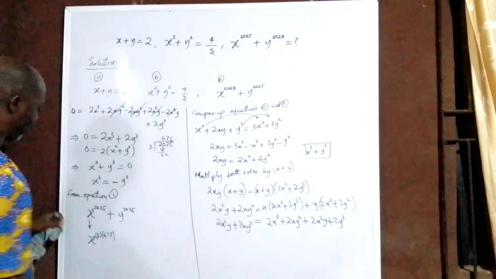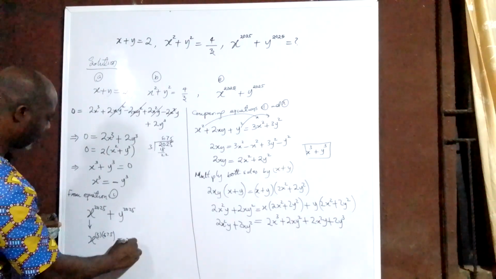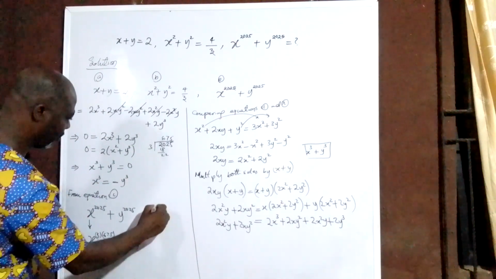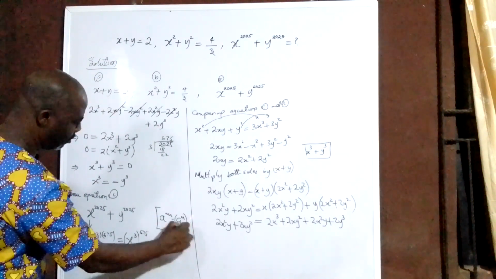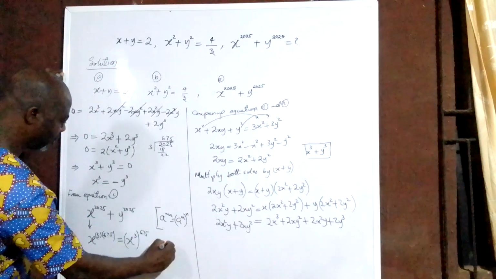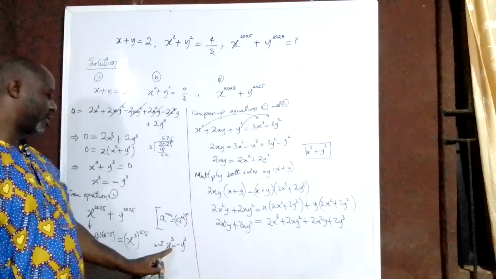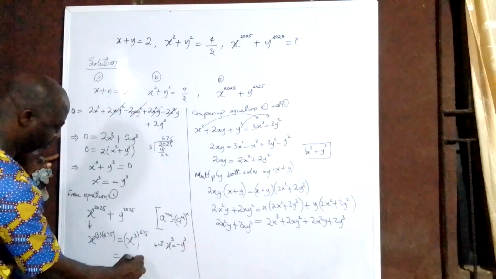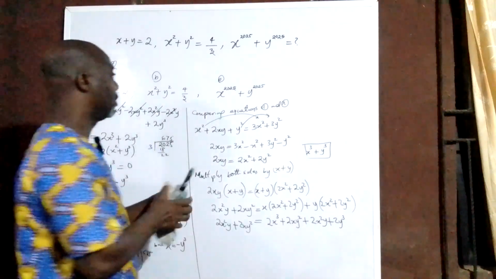Then I will have it as x cubed to the power of 675, because a to the power of m n is the same as a to the power of m, all to the power of n. But x cubed is the same thing as minus y cubed. So if I bring this here, I have minus y cubed all to the power of 675.